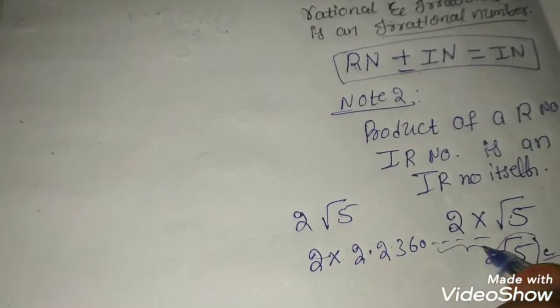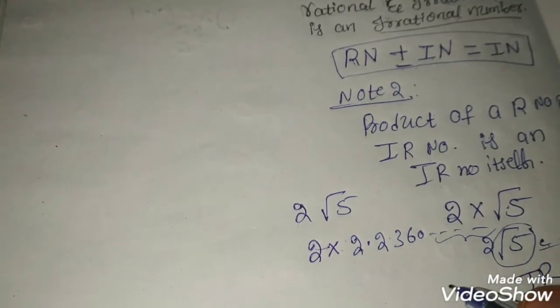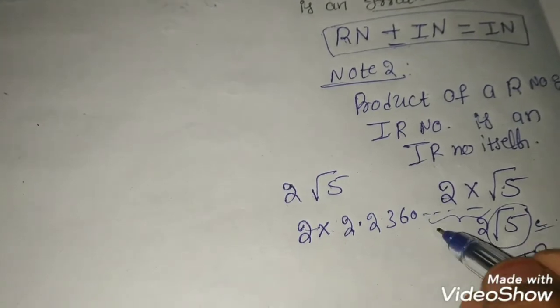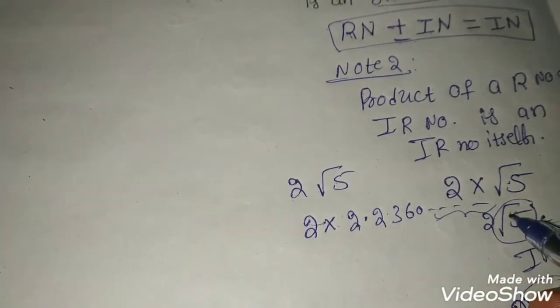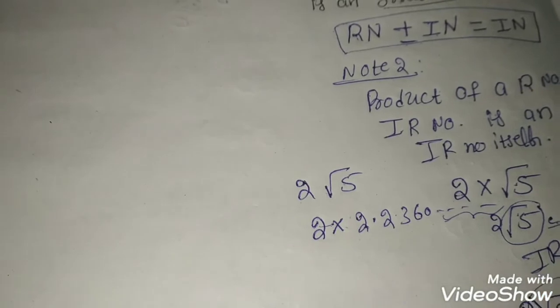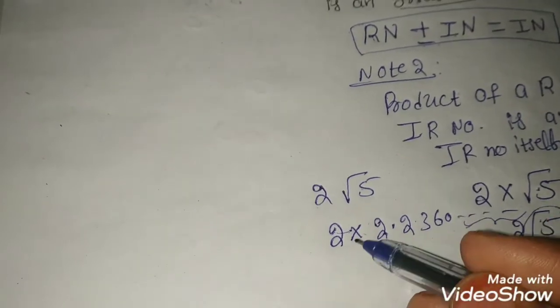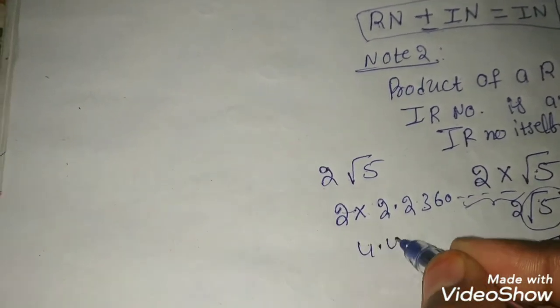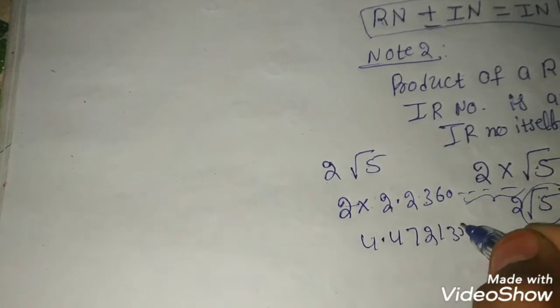This is a non-repeating decimal, so we call it an irrational number. If you multiply 2 with this decimal, we get 4.472135 and so on.